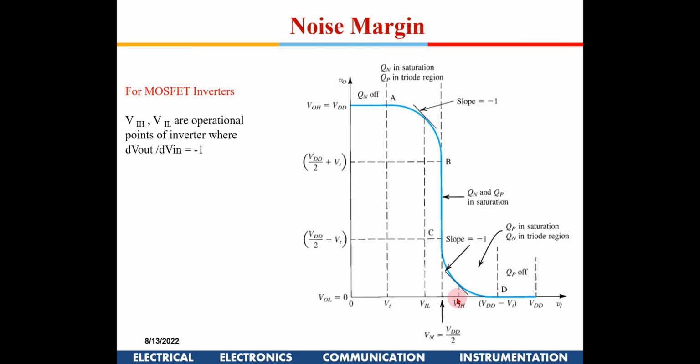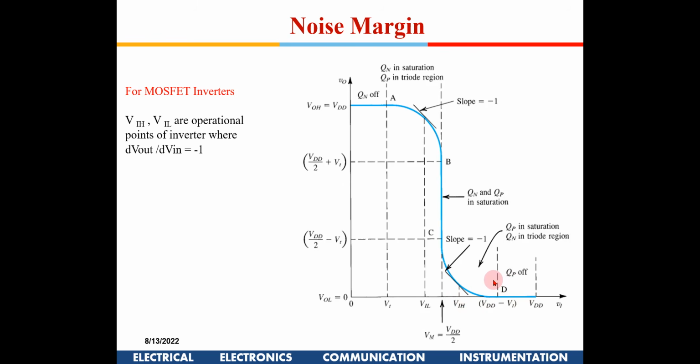Any voltage within this range will be considered as a high input. Normally it has to be high, but a noise which can bring down the signal up to VIH is permissible.